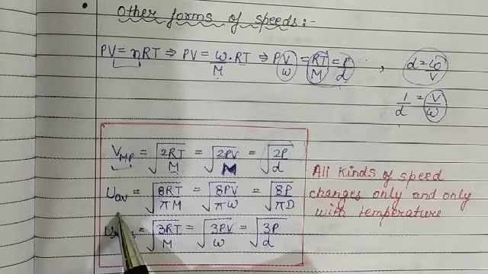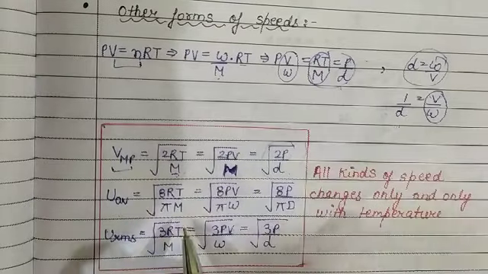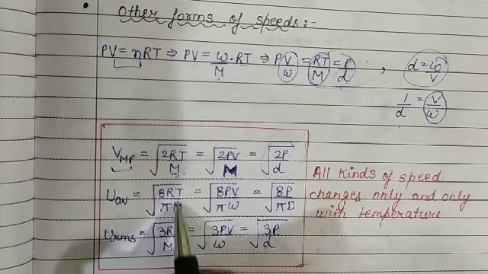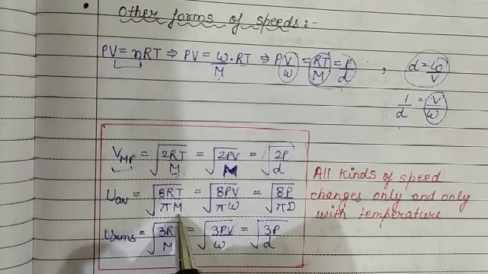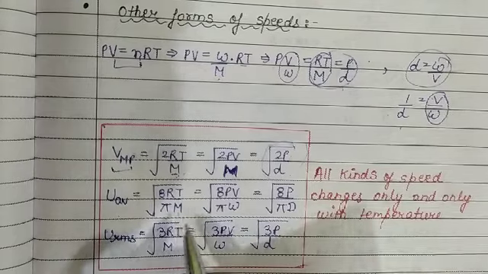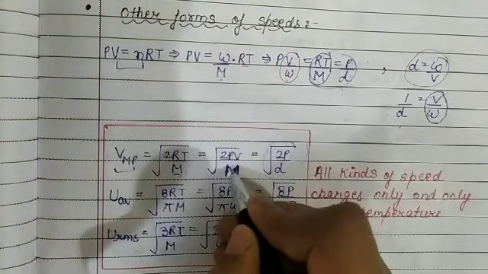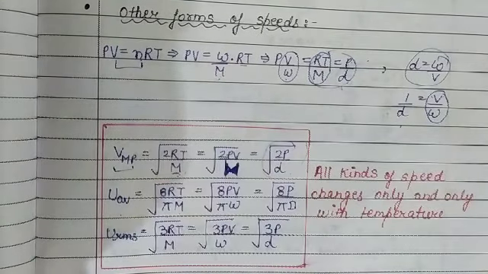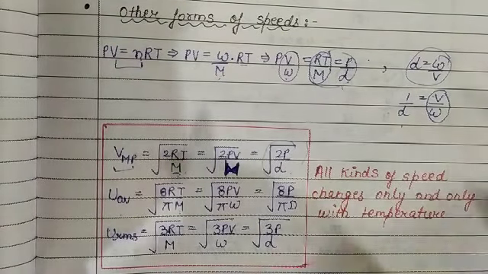Also for V average, we have under root 8RT by pi M. Again RT by M, we can put PV by W. So basically it is W, change it by W, not M. I'm writing it here.